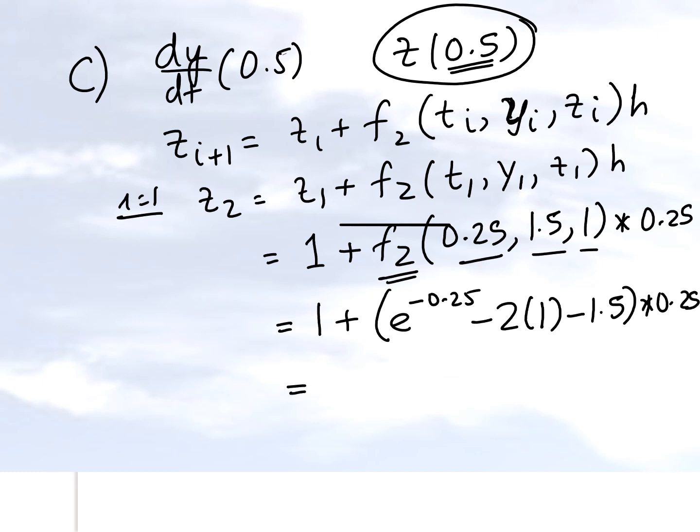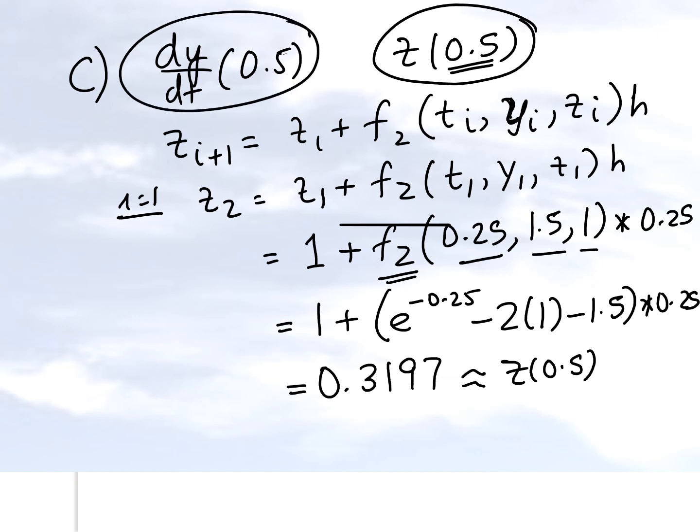So if we find this value, we get 0.3197. And that is the approximate value of z at 0.5, which is what we are in fact looking for. And that's the end of this segment.